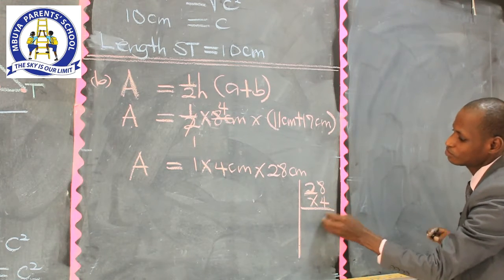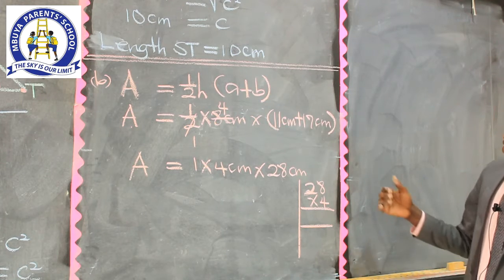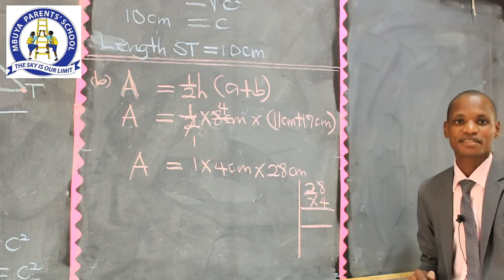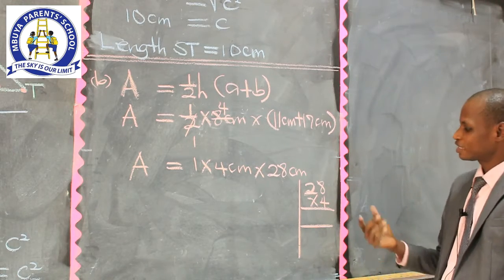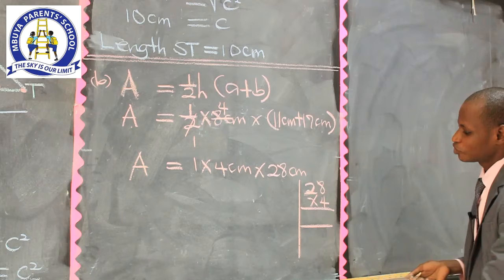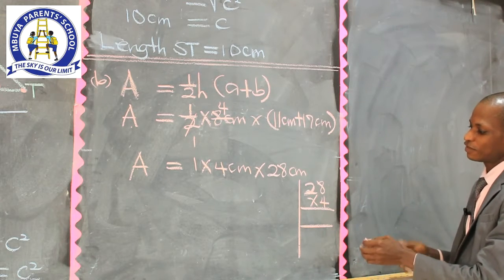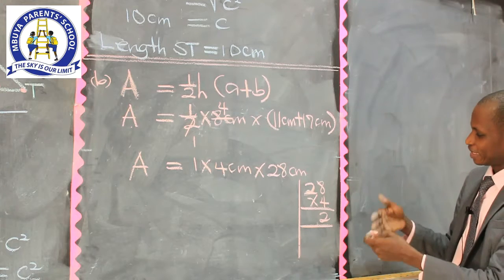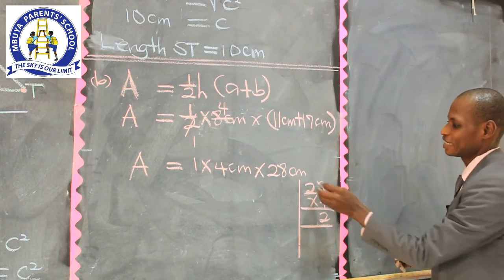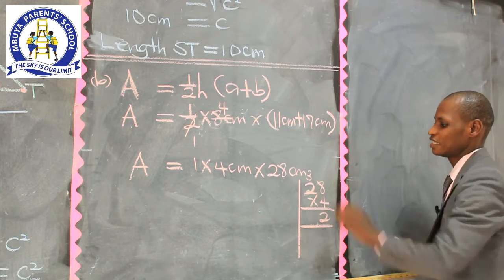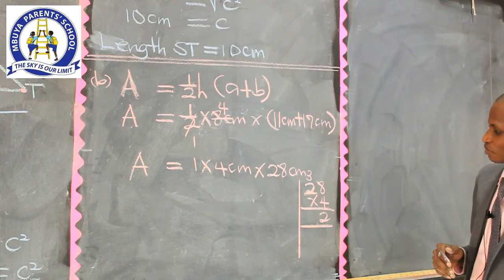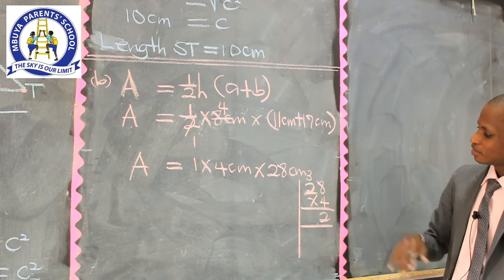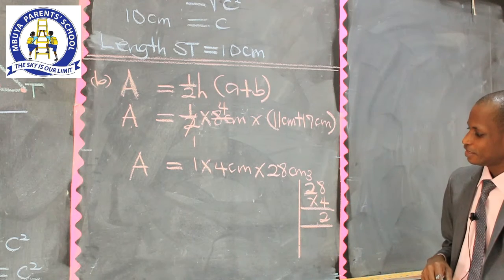Show the multiplication symbol. 8 multiplied by 4 will give us 32. We shall not write all the 32 at once. We shall write the digit in the place value of ones, that is a 2. Then we regroup, we take the 3, which is now the 30, in the place value of tens, that is a 3. Then we have 2 multiplied by 4. It will give us 8.